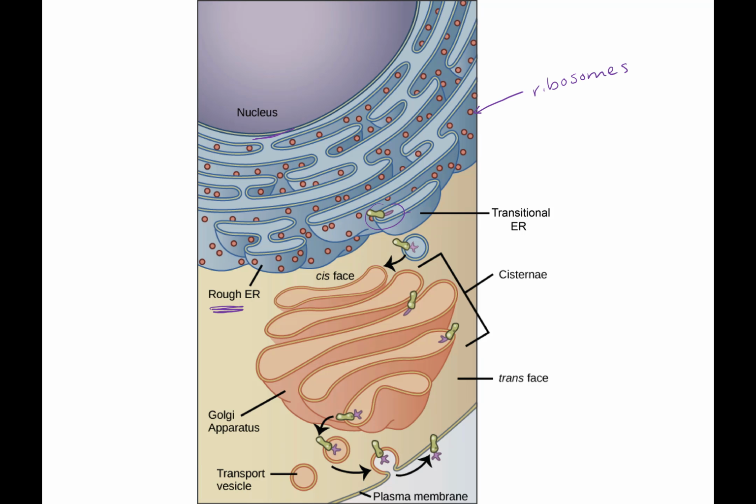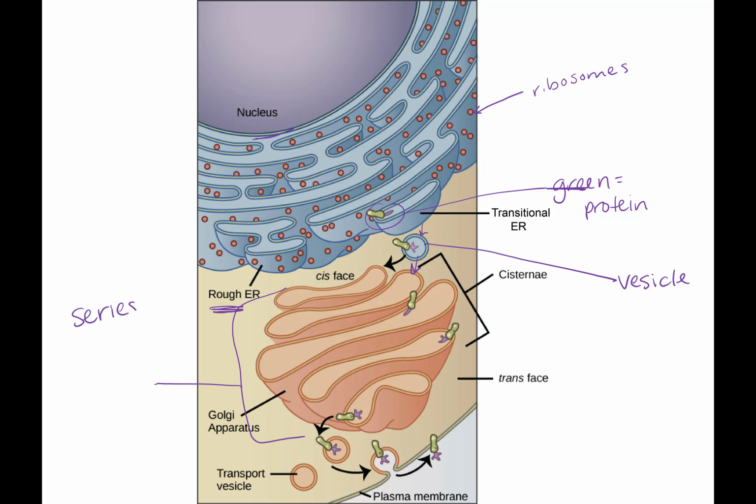And what's shown in green here is a protein. So this protein was made in the rough ER. It's transported by a vesicle to the Golgi.